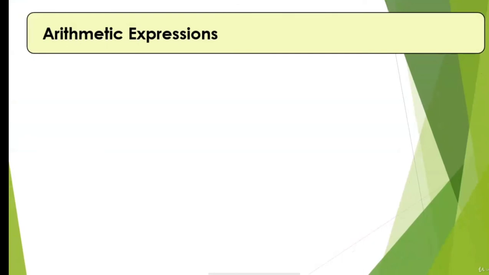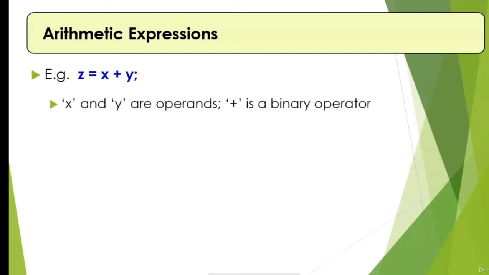Let's discuss arithmetic expressions. For example, consider the expression z is equal to x plus y. In this expression, x and y are the operands. Here, plus is a binary operator which is operating on two operands. In this expression, z is a variable. x and y are either variables or constants.